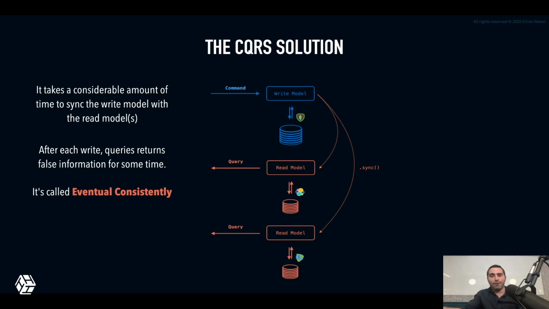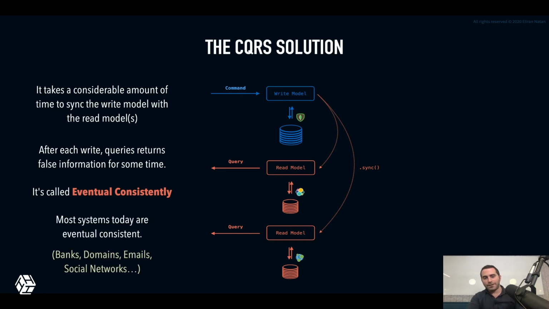So eventually it will be consistent again. So, well, it seems kind of madness to create a platform where, once you write into it, your queries immediately return false information. So why are we doing that?